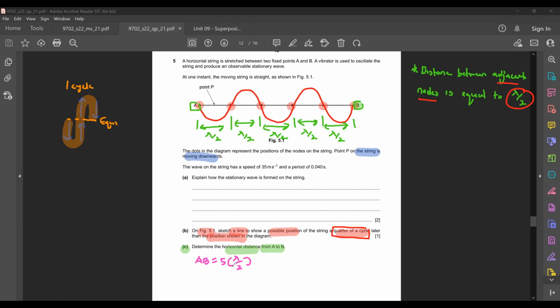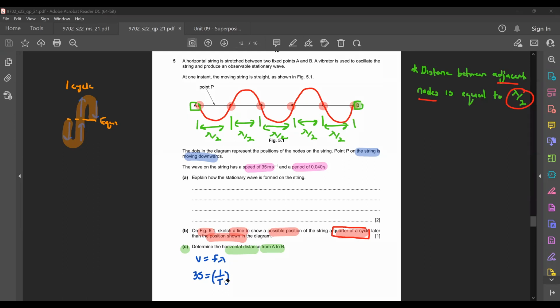But we can't proceed from here because we do not know what our wavelength is. So we have to find our wavelength first. I shouldn't have written this first. I should have tried to find the wavelength. Now our wavelength can be found from the information given here, where we know the speed as well as the period. So if we use the equation v equals f lambda, the speed is 35. Frequency can be changed to 1 over T, the reciprocal of the period.